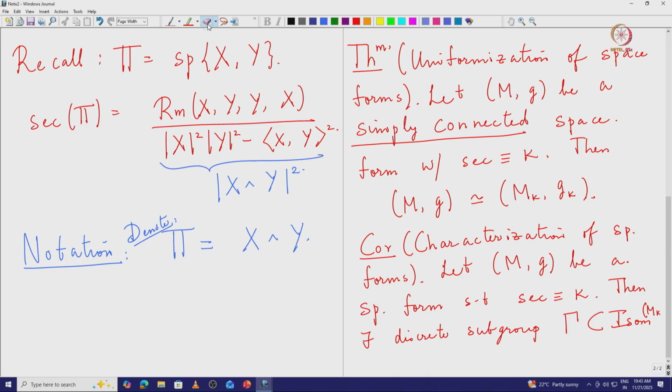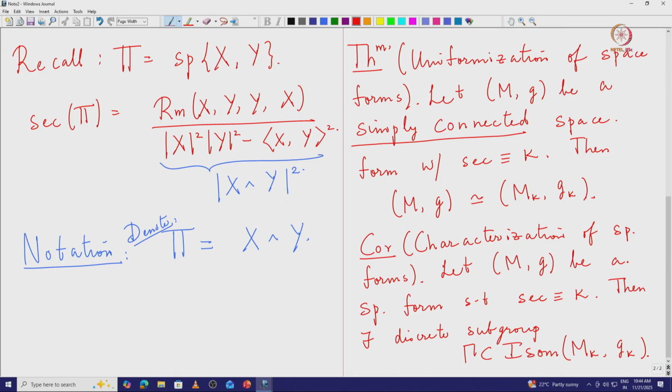So let me write it a bit more clearly. So Gamma is in the isometry group of the model space. Here the topology on the isometry group is the usual compact open topology.